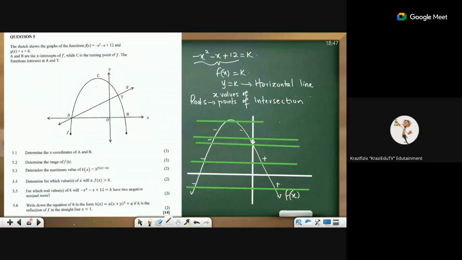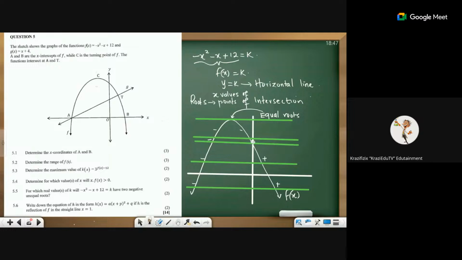If I get to the top here, please let me explain. At the top here, what do we have? Equal roots. When the graph is at the turning point, the roots are equal. But am I looking for equal roots? No. So what should my answer be?